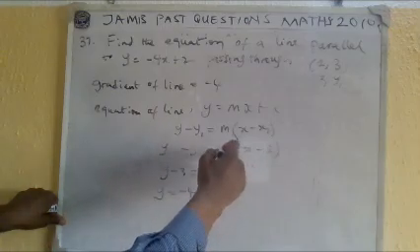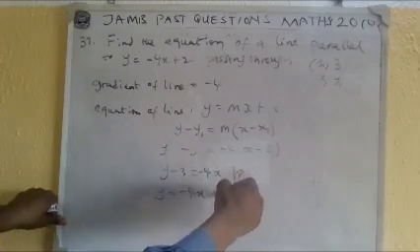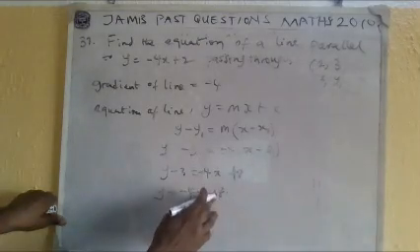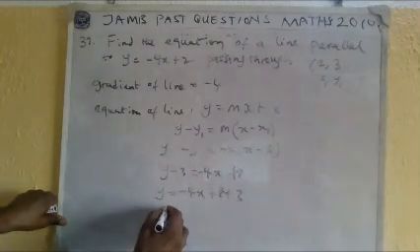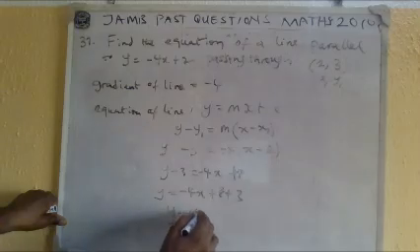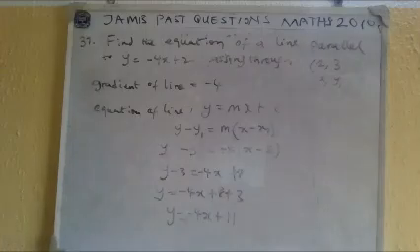Why? Because minus 4 times minus 2 is plus 8. So this is plus 8 plus 3. So y equals minus 4x plus 11. So that's the answer, that's the equation.